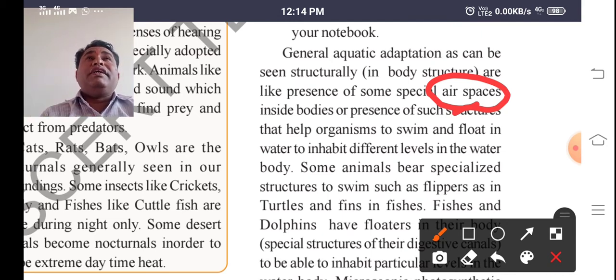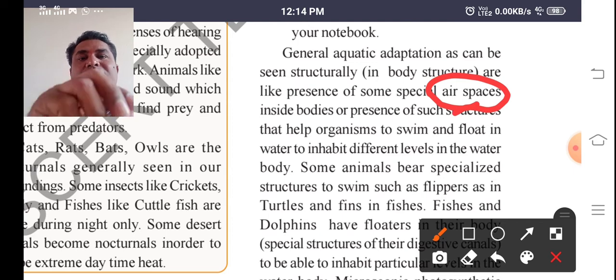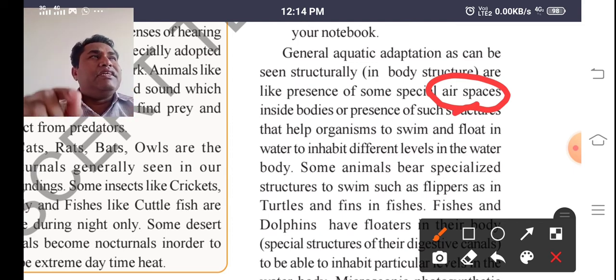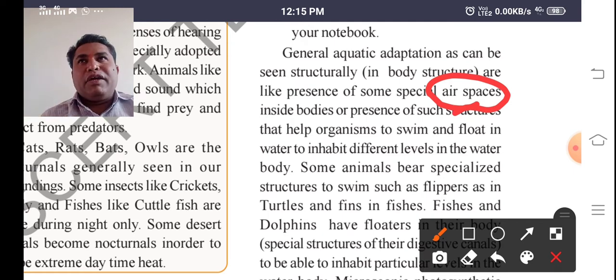To float or to keep their body at the superficial, middle or bottom levels of the water, their cells are filled with air spaces, which makes them float or swim in the water. This is the most important characteristic: filling of cells by air to float easily, to swim easily, whether aquatic plant or animal.